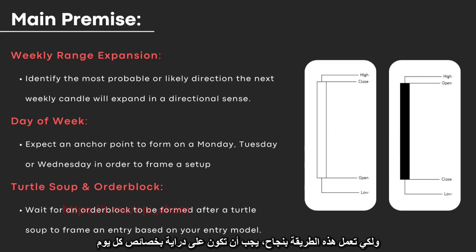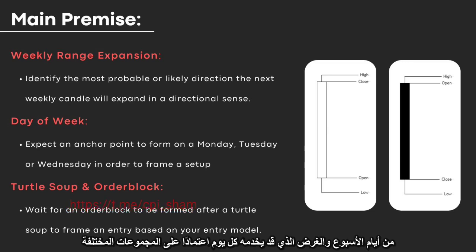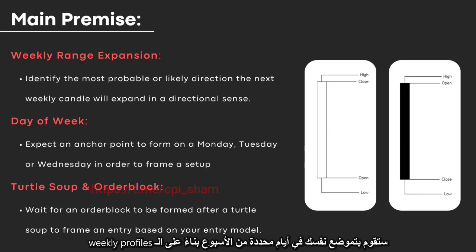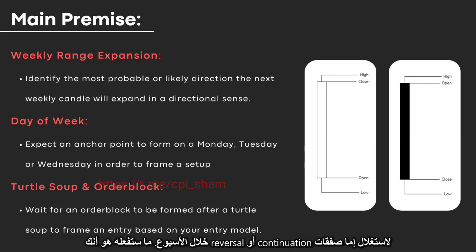Now, for that method to successfully work, you need to be aware of the characteristics of each day of the week and the purpose each day might serve depending upon the different combinations of structures and frameworks that we have. And then based on those protocols and guidelines, you're going to be positioning yourself on specific days of the week based on weekly profiles to exploit either continuation or reversal trades during the week.